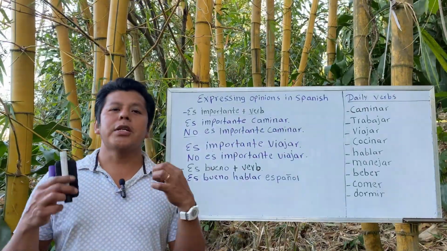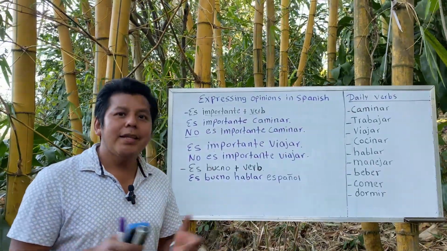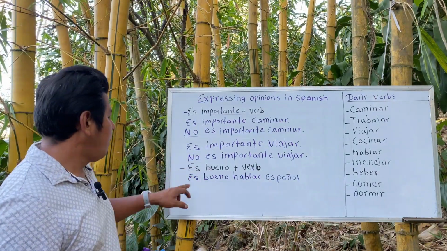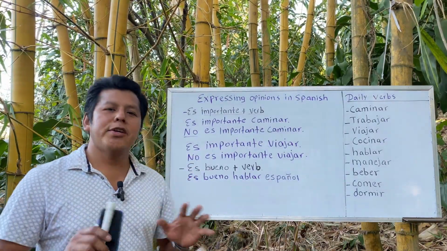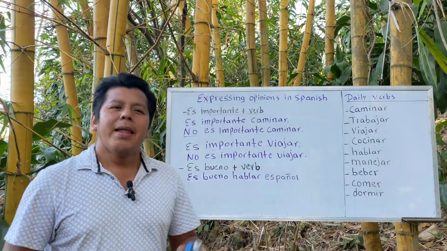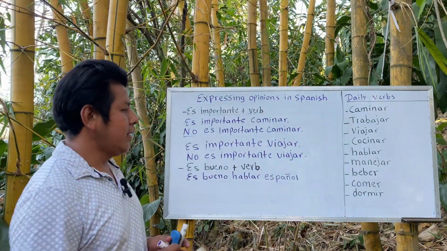If you want to express it in negative, you only need to add no. No es bueno hablar español. Is that your opinion? No es bueno hablar español. So let's make one more sentence.